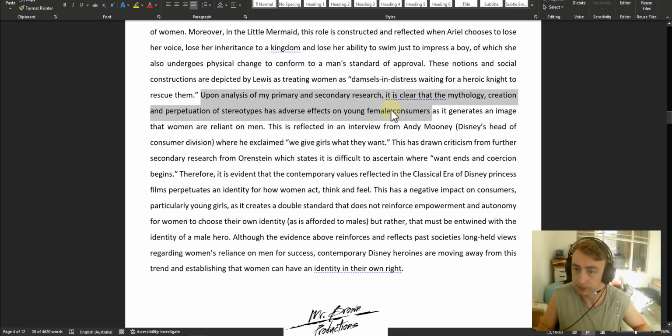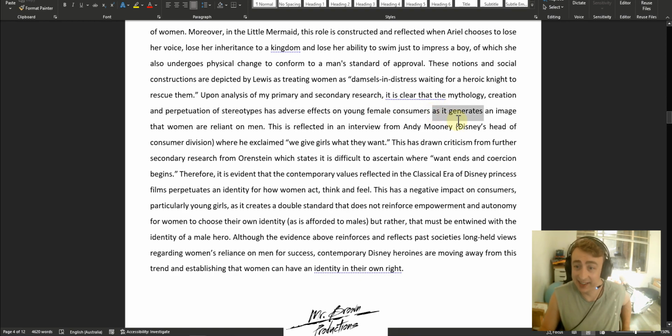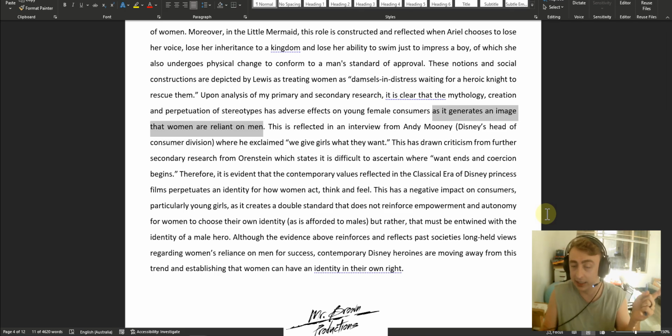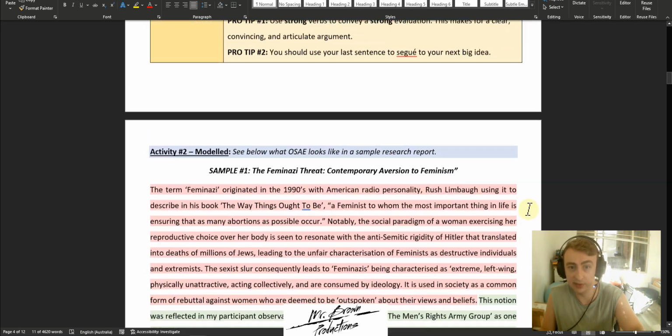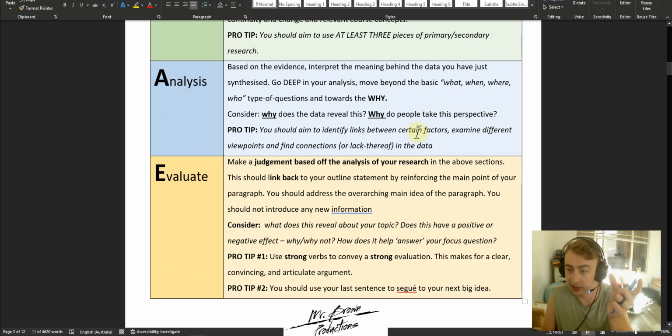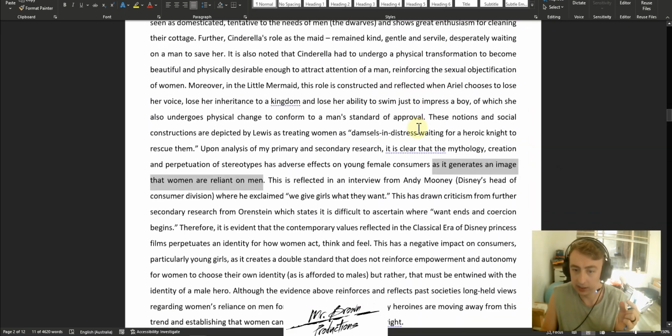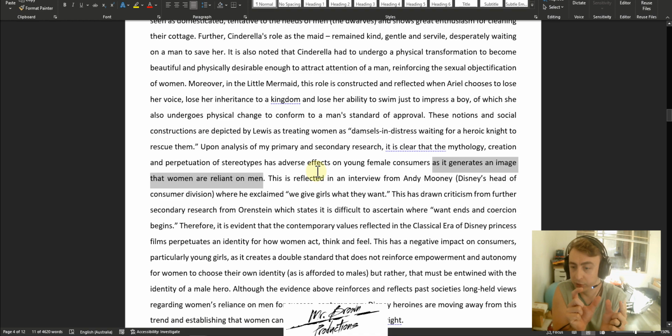I want you to give me more. And this is where we've done it. As it generates an image that women are reliant on men. Okay, so they're giving some justification and some reasoning. They're linking factors, like we said here. Okay, identifying the link between factors. They create this image that has bad effects because it portrays this thing that women should be reliant on men.